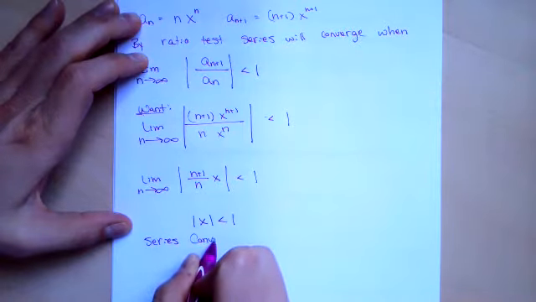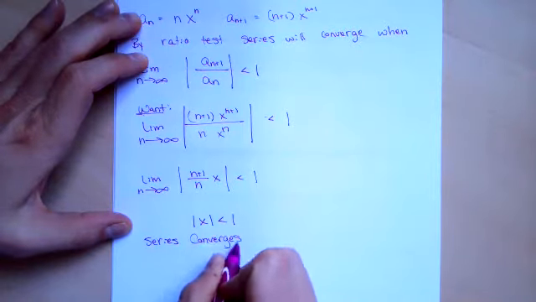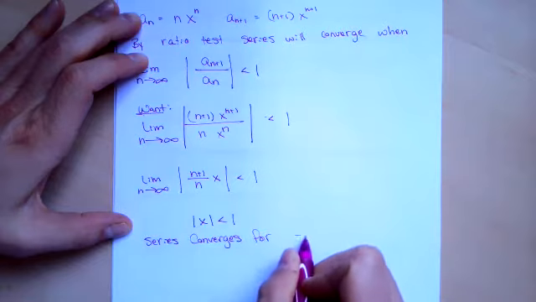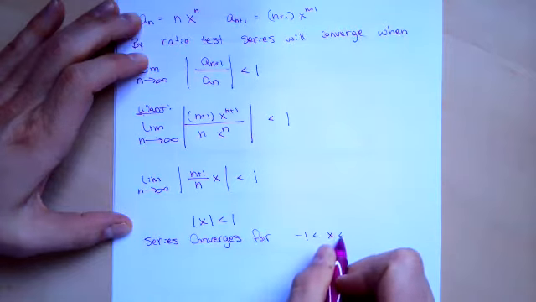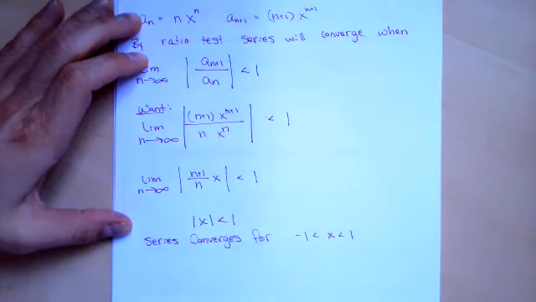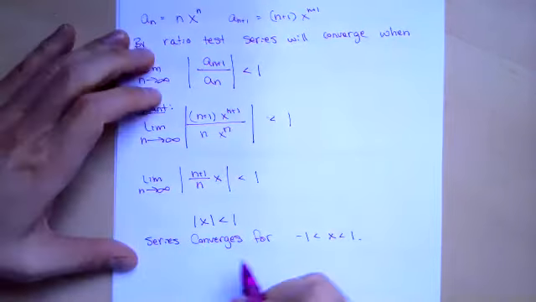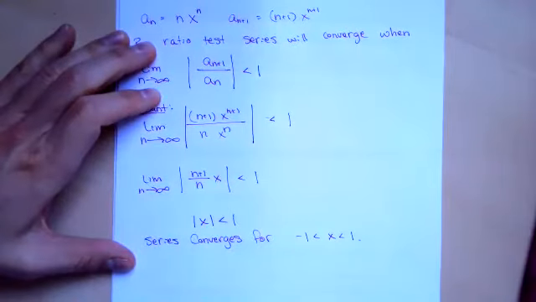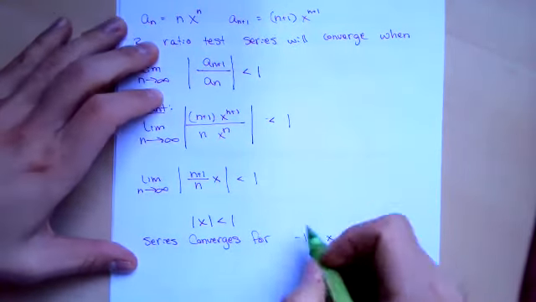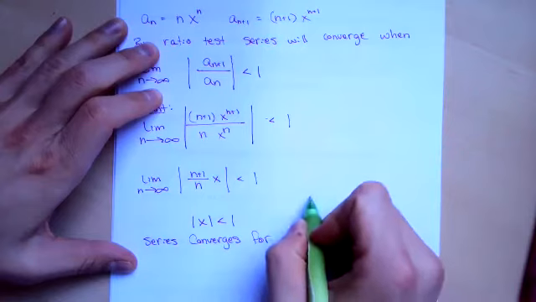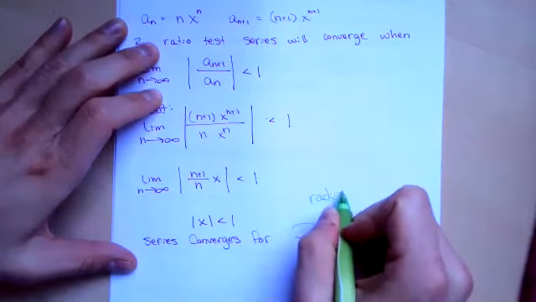In other words, the series converges for x in between -1 and 1. So this is called the radius of convergence.